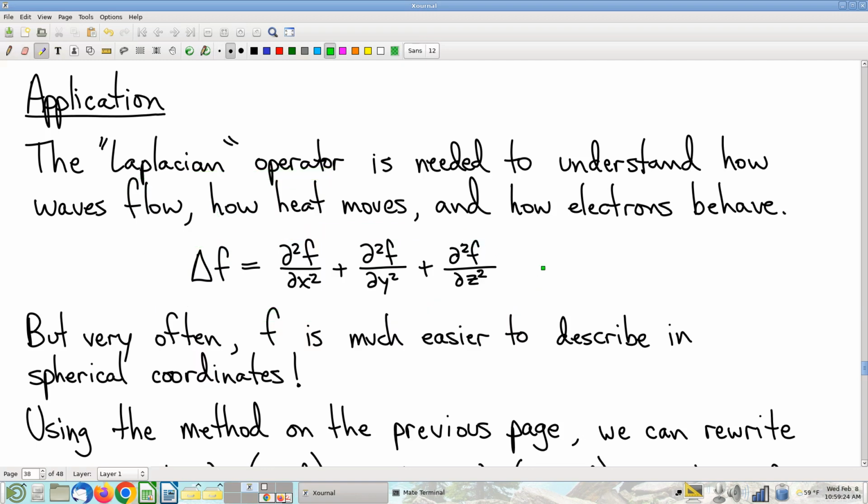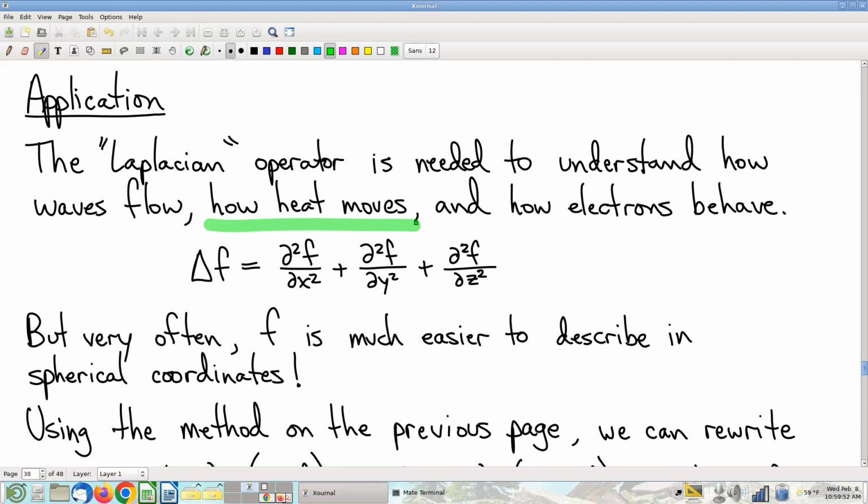So short answer, if you want to know how waves flow in three-dimensional space, well, the equation relies critically on the Laplacian operator. If you want to understand how heat flows from hot things to cold things, but in three-dimensional space, right? Y'all have all done the single variable calculus. I have a hot penny and a cold penny, and I just put them in contact, and we assume the pennies are infinitely thin.